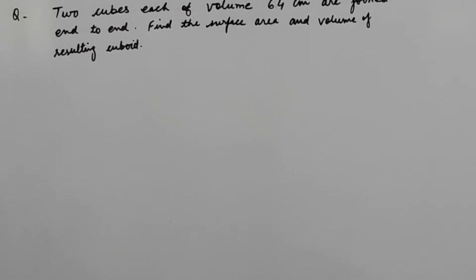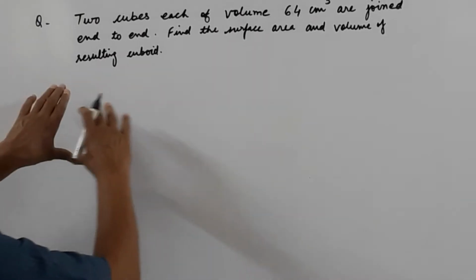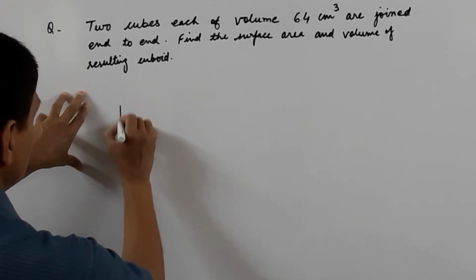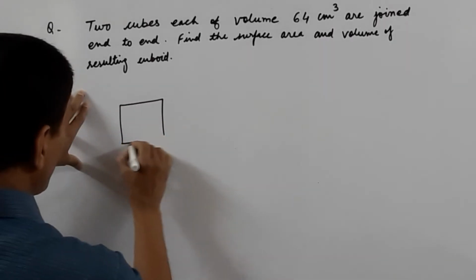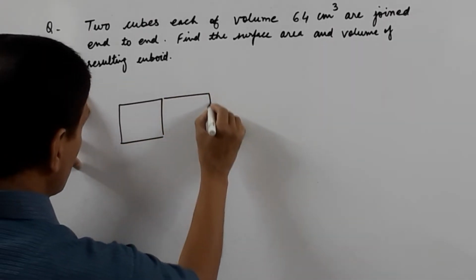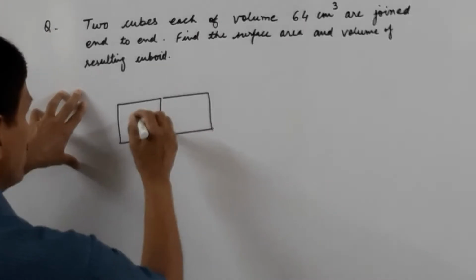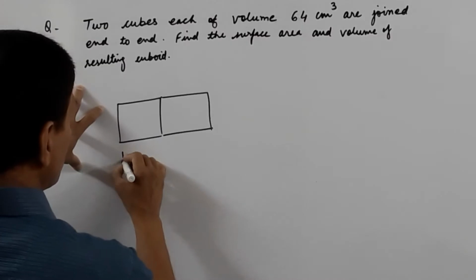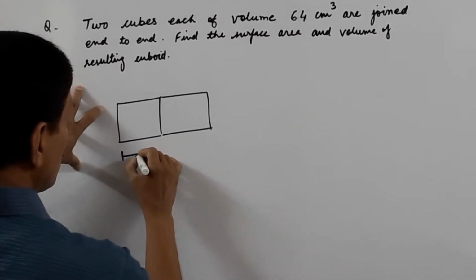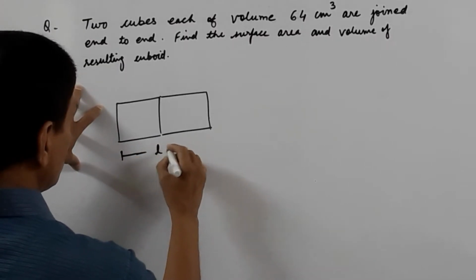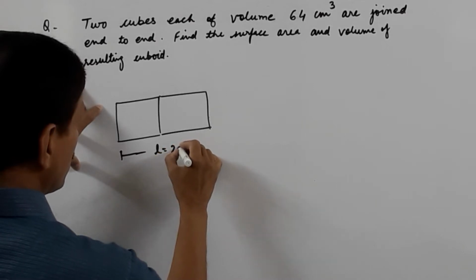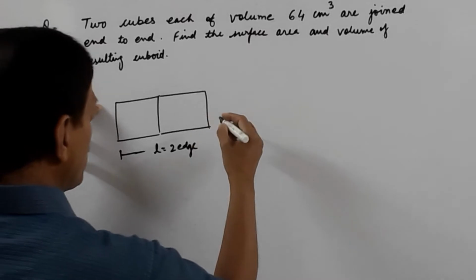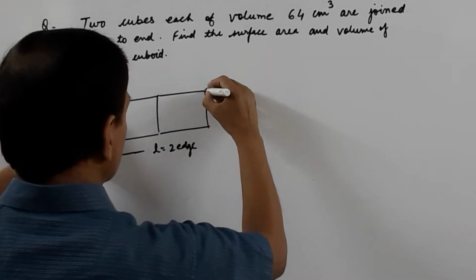When two cubes are placed adjacent to each other, for example, this is one cube and this one is another cube, which are placed end to end. The resulting length is equal to twice of edge. Breadth and height are same.